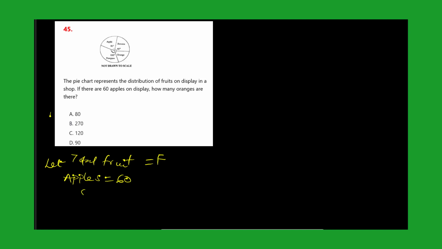So that will be 80 over 360 multiplied by the total fruit, which is F, equals 60. Then 8 over 36 times F equals 60.